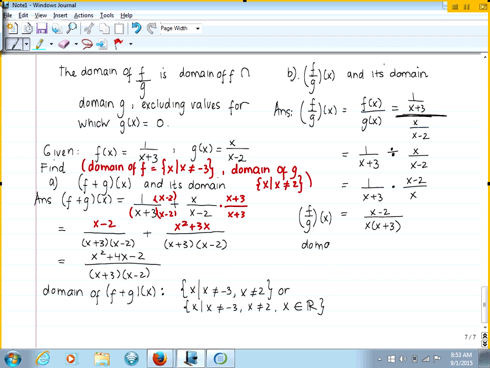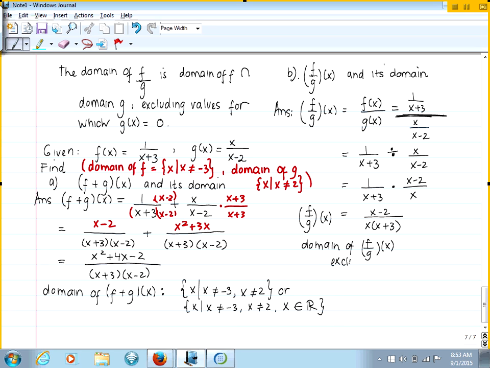Now, 2 more minutes. What is the domain of f over g of x? What's the domain? So which values are we excluding? Oh, we are excluding -3. We are excluding 2. One more thing we have to exclude when g is equal to 0. When is g equal to 0? Yes, when x is equal to 0.